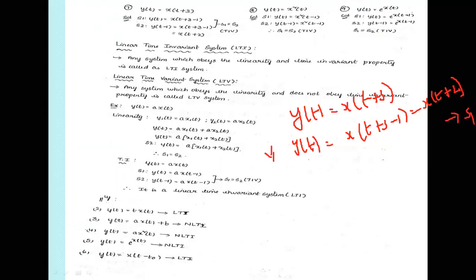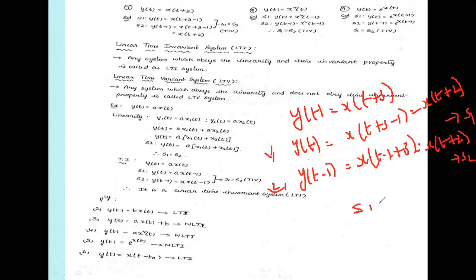Let us say this is S1. In the second step, shift the entire system: y of t minus 1 is equal to x of, replacing t as t minus 1 plus 3, which is also x of t plus 2 only. Let this be S2. So S1 is equal to S2, a time invariant system.